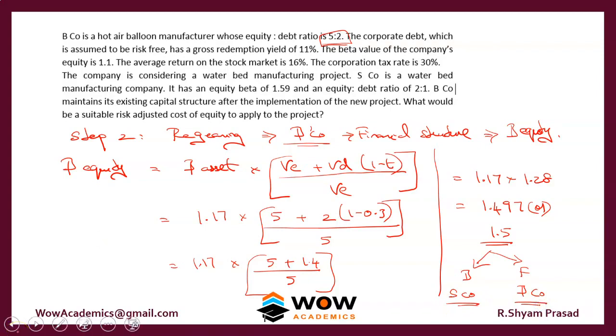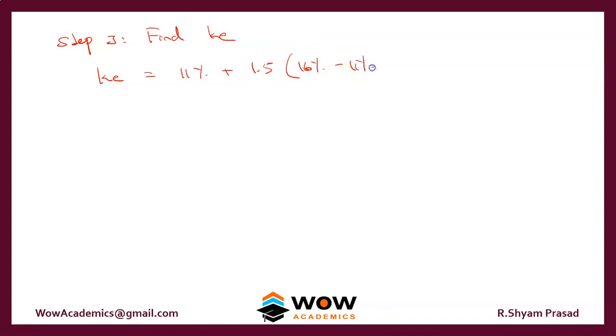So our next step is to find out the KE. Step 3, find KE. So KE equals, we already know that the RF was 11%, plus the beta that we got, which is now 1.5, into 16% minus 11%.